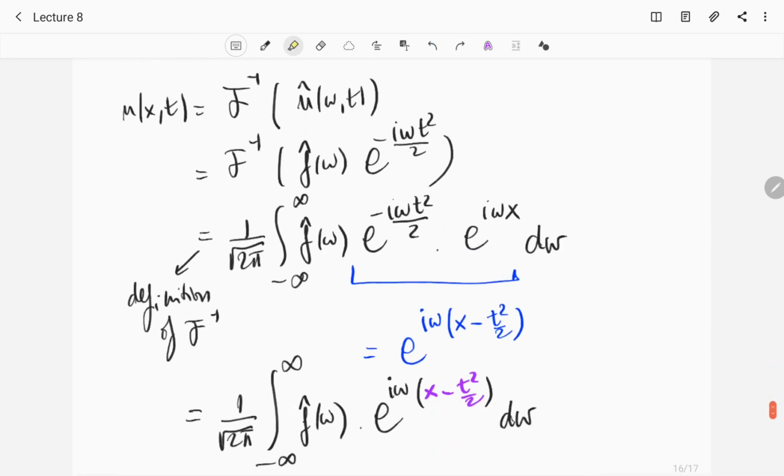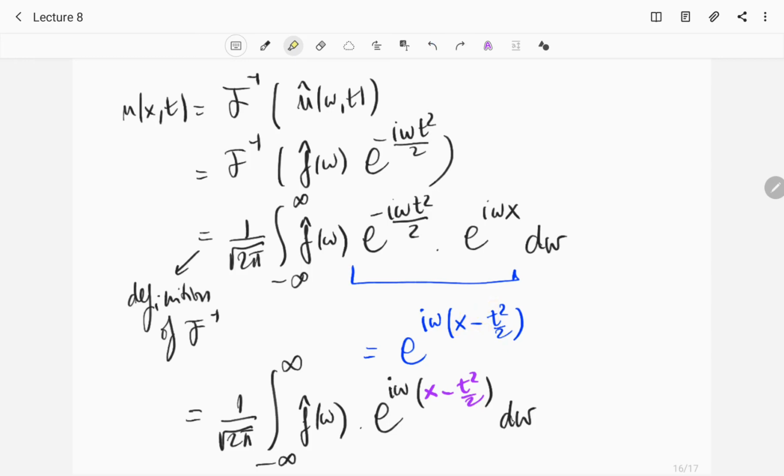Now we can work a little bit more in this example. In the other example, we were finishing here and said, well, okay, if we have some particular f and some particular g, maybe we can work a little bit more in the integrals, but we just finished at that moment, and now we realize that maybe I can do better here. So if we rewrite these two exponentials, they have in common this factor i omega, and we have here x minus t squared over 2.